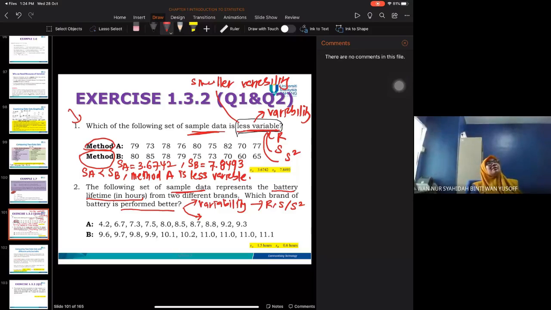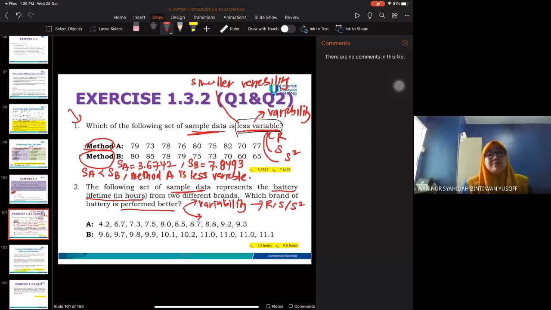Shape of the distribution, okay, you can do that, but in order to determine the shape, you can draw the histogram or you can calculate the mean, median, and mode. Other than shape, what kind of value can you calculate here to know which battery performs better? Anyone?